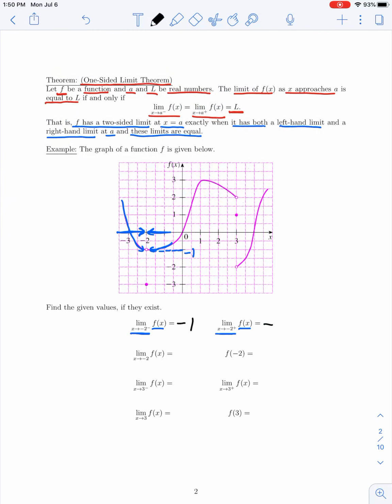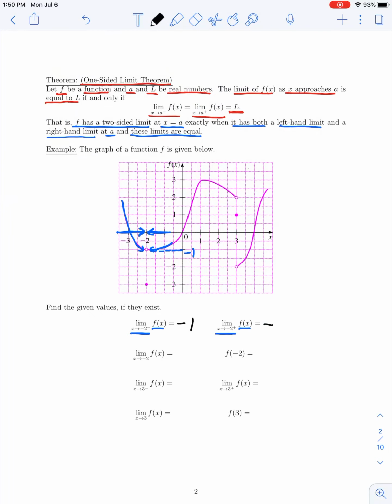So the value of our function when x is equal to -2 is -3. So we see from this first example that the limit of a function might be different from the value of the function at a particular x value. So let's look at some other ones.